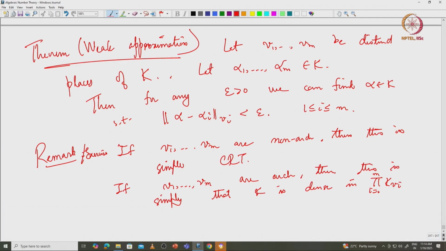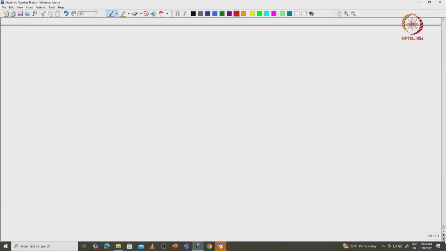And so, what weak approximation tells you is that we can put these two things together. Okay. And so, unsurprisingly, we need to use these two results to put these two things together, right. So, that is what the idea of the proof is. Image of K in product V Archimedean, KV is dense, right.